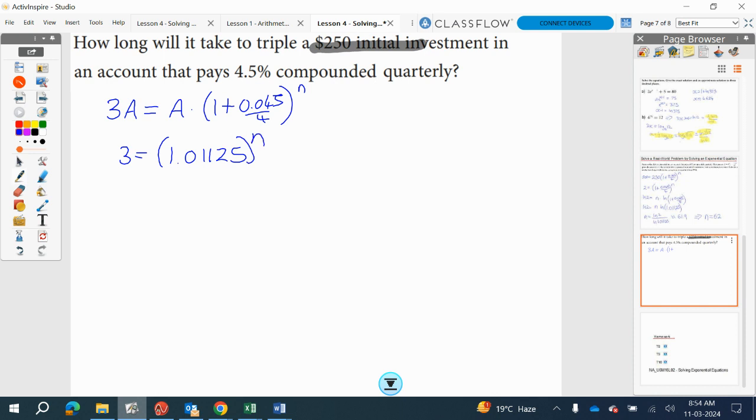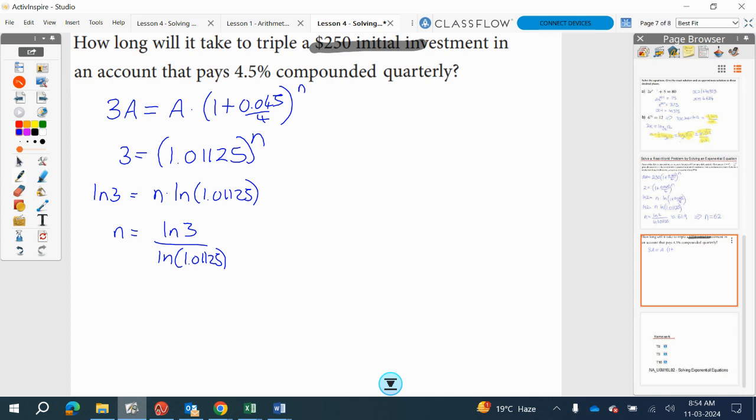Take logs of both sides. So ln 3 is equal to n times ln 1.01125. n is equal to ln 3 over ln 1.01125. That's basically my work. That's the exact answer to this one, the exact value.